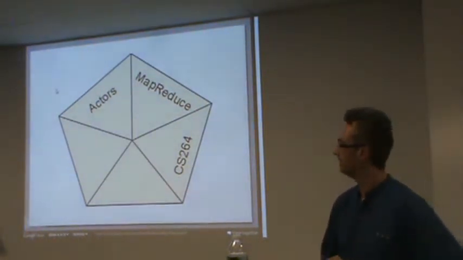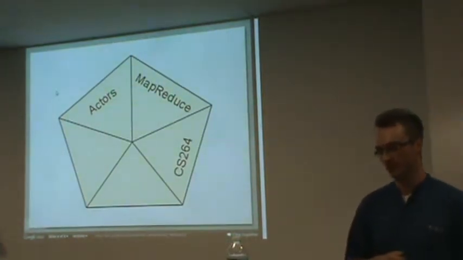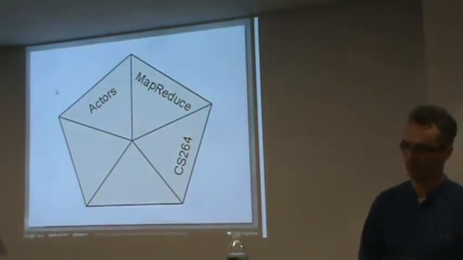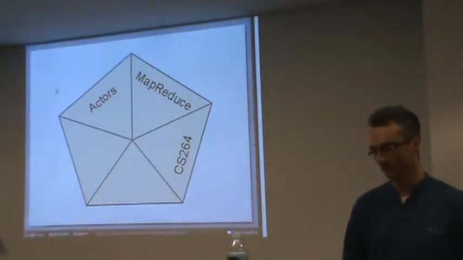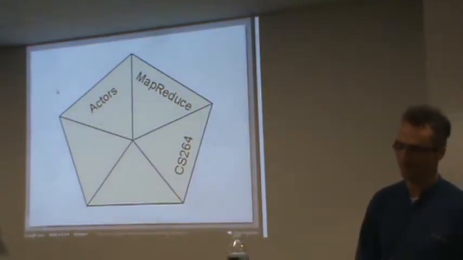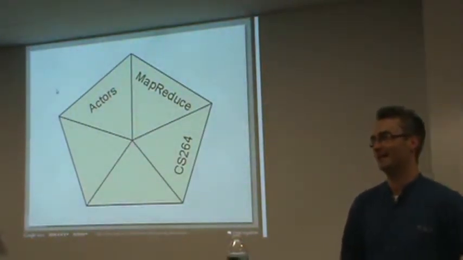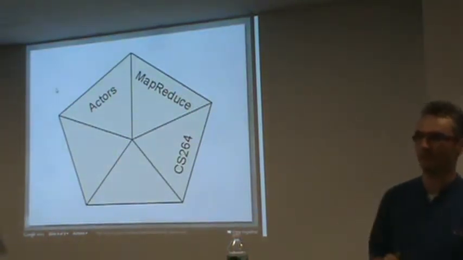CS264 is the course that I took this spring at Harvard Extension School. The title of the course is Massively Parallel Computing. I took that in my spare time, the very little spare time that I have with a full-time job and a family with 2 kids. But I took it because it sounded so interesting, and parallel computing is one of my areas of interest.